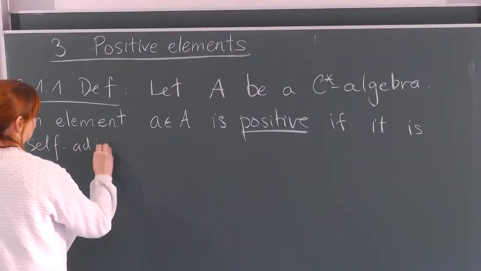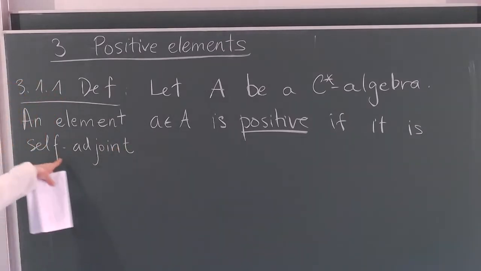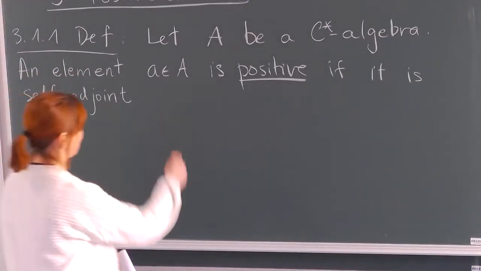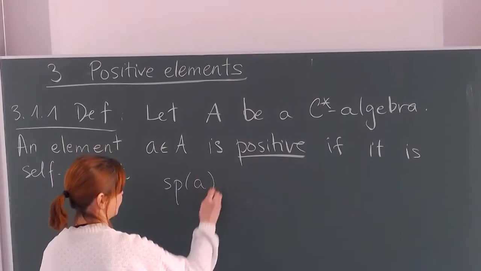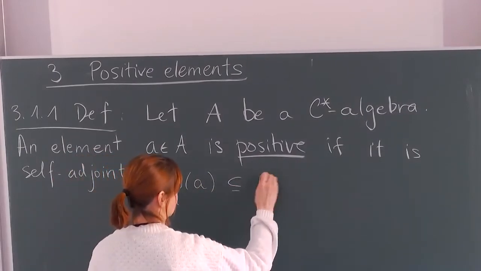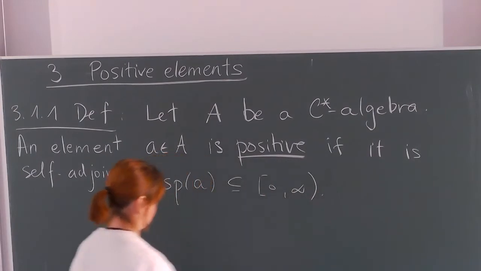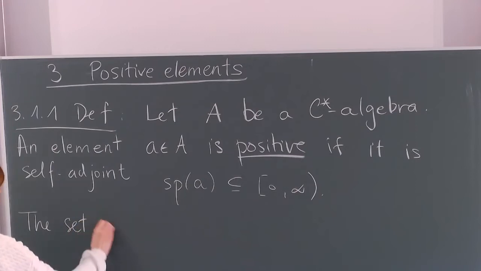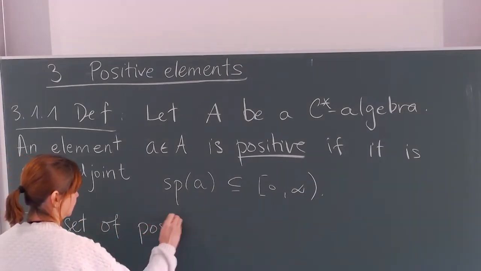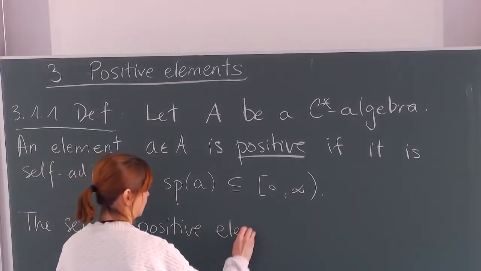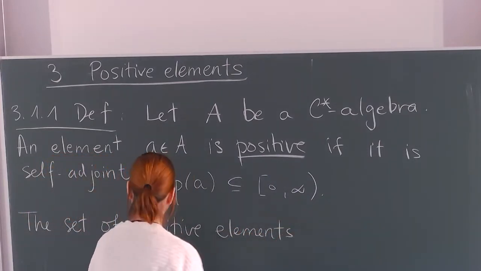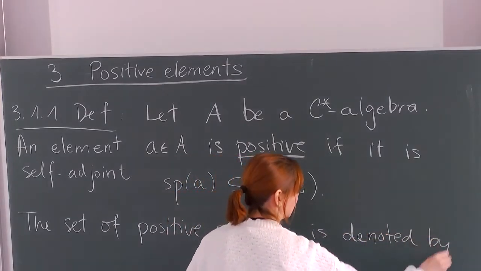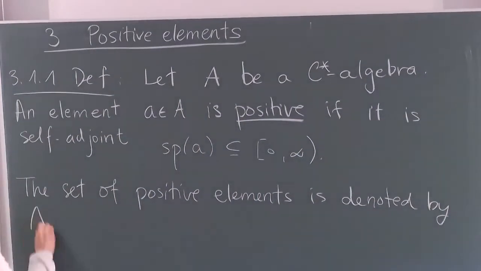And remember that a self-adjoint element has spectrum in the real numbers. So for A to be positive, we ask that it's actually contained in the positive reals. And I will denote the set of positive elements by A with a little plus at the bottom.